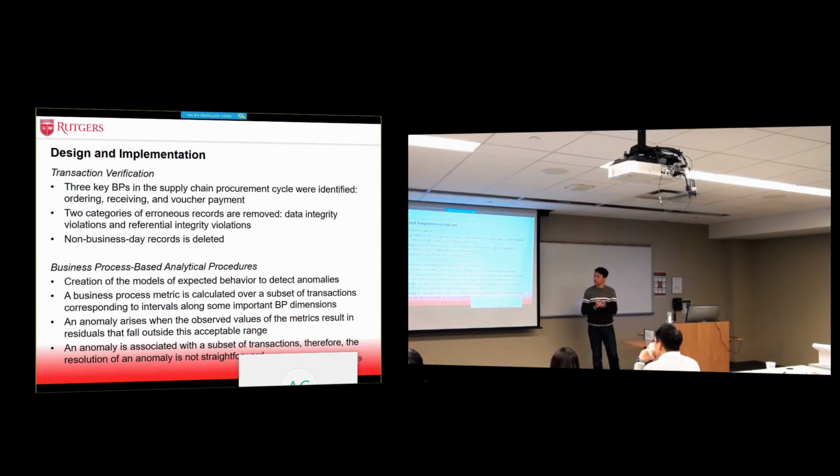Referential integrity violations are where you have a transaction in one part of your data set, but the corresponding transactions are not available in other parts. For example, a payment was made for some purchase, but the purchase transaction was not available, so one half of the data is there and the other half is missing.